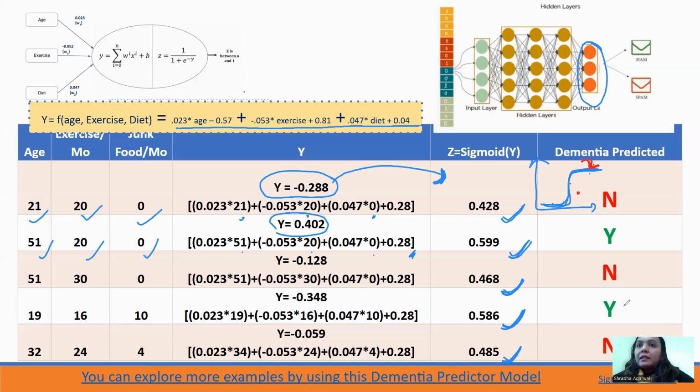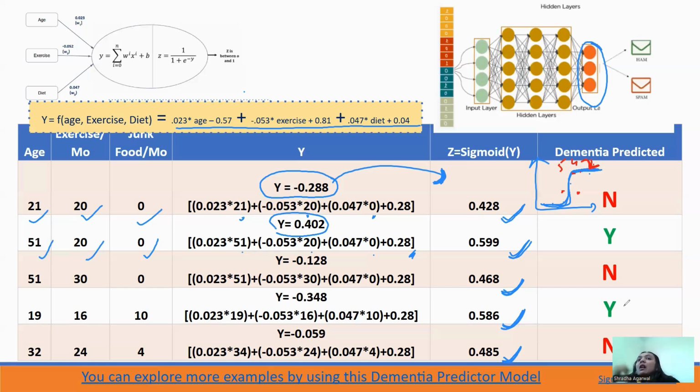This was my person 3. This was my person 4. This was my person 5. And this is how all the results can be plotted, and they will follow this trend because I have applied a sigmoid function.